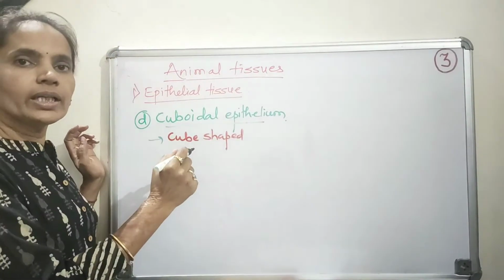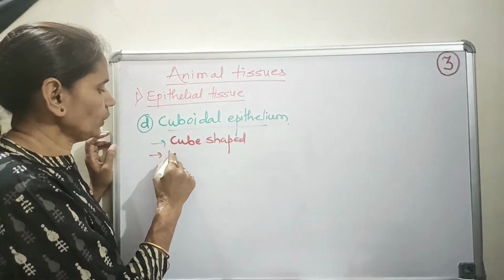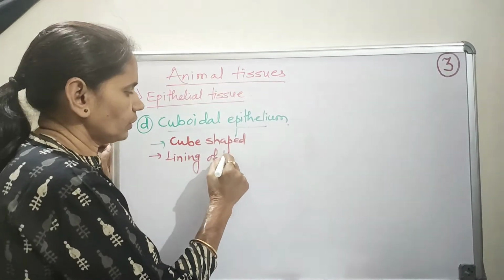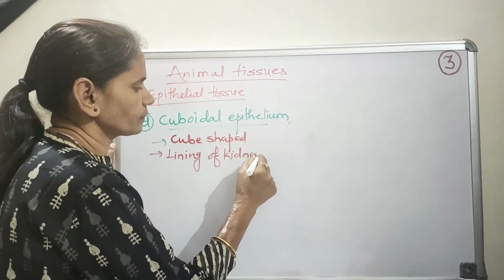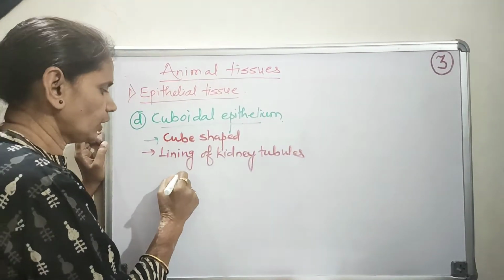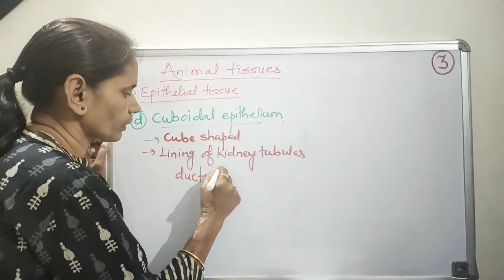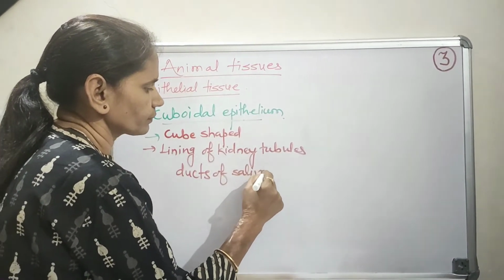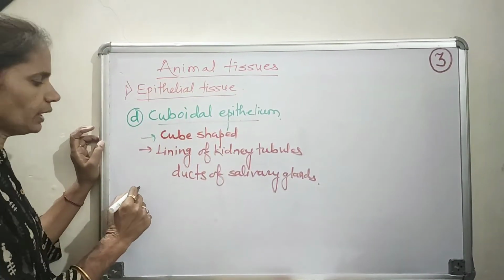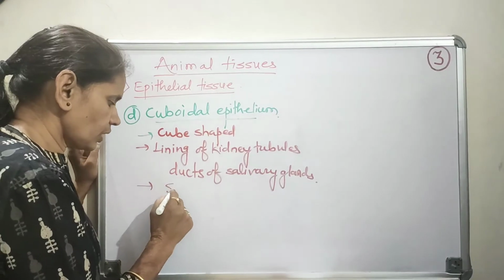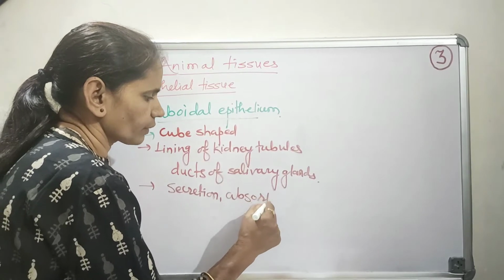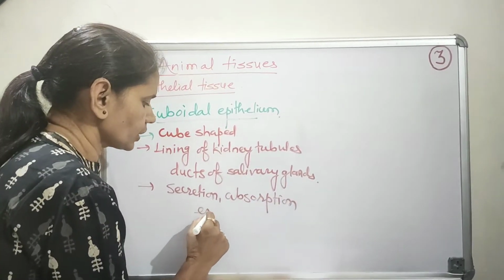This cuboidal epithelium is present in the lining of kidney tubules, as well as in the lining of ducts of salivary glands. The function of cuboidal epithelium is in secretion, absorption, as well as excretion.